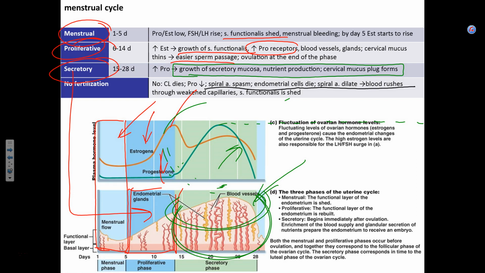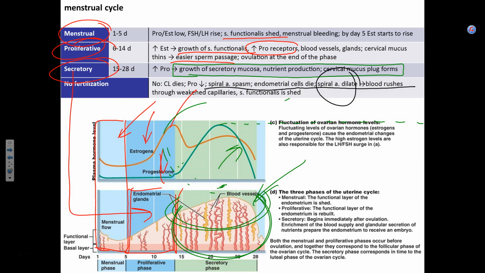When arteries constrict, what happens to the blood flow to the stratum functionalis? It's gone, yeah. If blood flow to a certain tissue is gone, what happens to that tissue? Dies. The stratum functionalis dies. And then spiral arteries dilate. Now the blood starts to go through these arteries into the dead tissue, and it basically washes that tissue away. And that's menses.